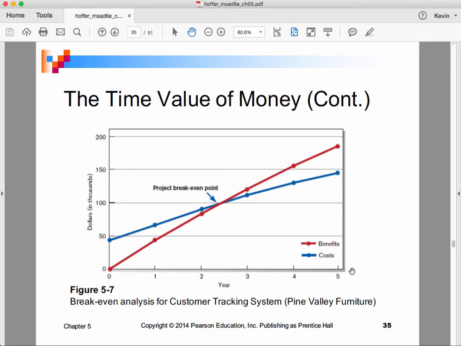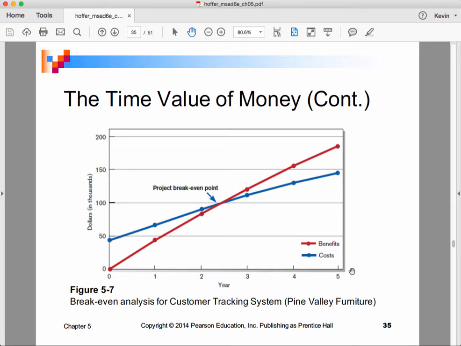And the good thing about break-even analysis is that it does a good job of quantifying the risk that the world will change. Because when we do the estimating associated with this sort of analysis, we can have a couple of kinds of error.